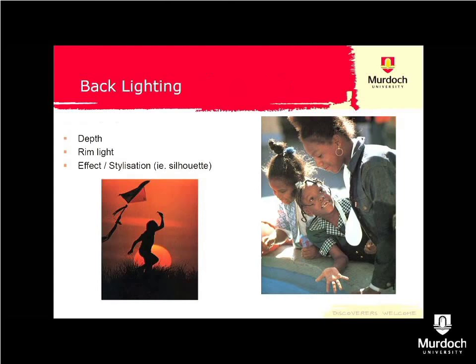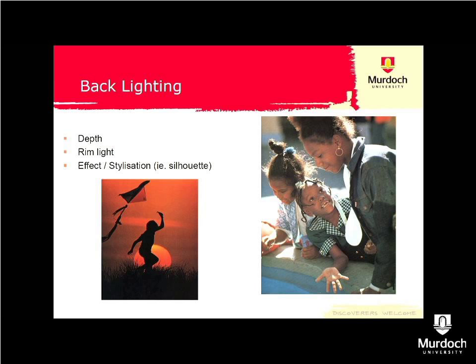And then we have backlighting as well. Backlighting can be used in a few different ways, but one of the most common ways is for effect stylization, that is this kind of silhouette look, where the form is largely rendered in black, so there's no foreground light there. If there is a foreground light, like here, then you can get this rim light effect.